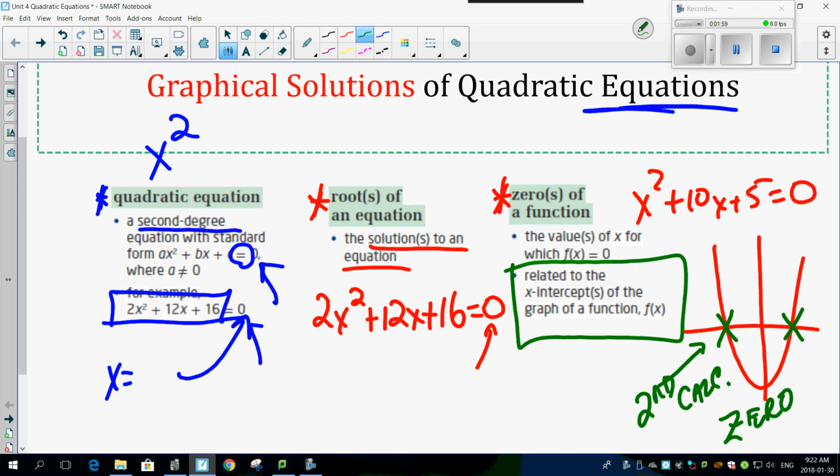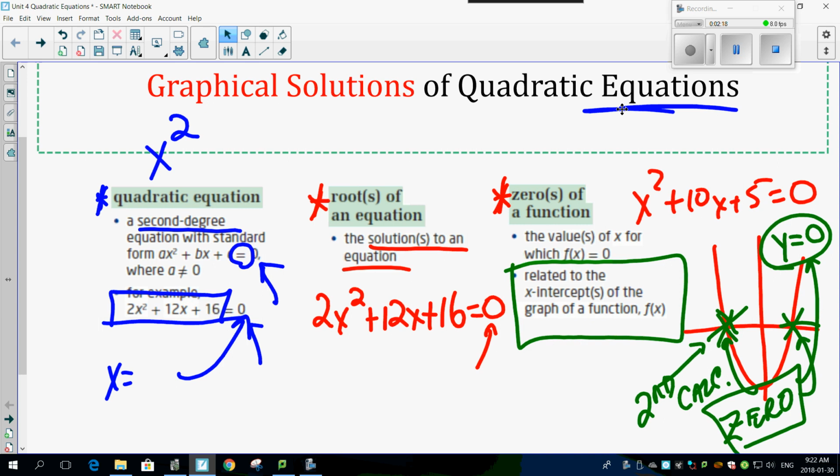That's what helped us find these two values. And why were they called zeros? Because this is an x-intercept, that means y equals 0. They just carried on that name of 0 because y equals 0. So find where it is 0, find the zeros.